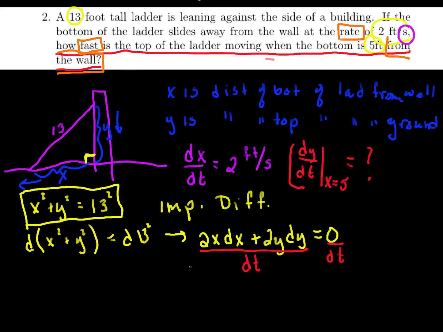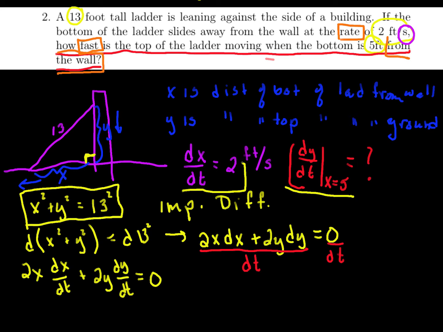And so I get the relationship that 2x dx/dt plus 2y dy/dt is 0. And what do I want to know? I want to know dy/dt, and I haven't used this bit yet, so I'm going to throw this in, that dx/dt is 2.